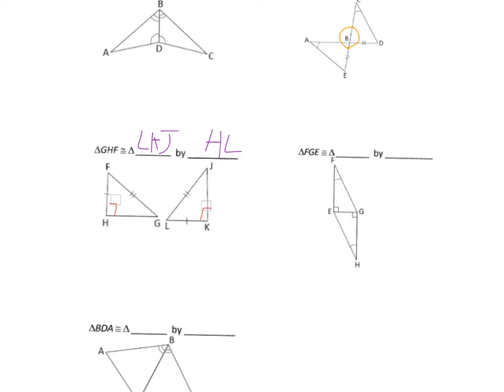What we do have, though, are an angle and a leg, or in this case, a side. So we could say that triangle FGE is congruent to triangle HEG by the angle, side rule. Note, folks, hypotenuse leg can only be used in right triangles, but that doesn't mean that the other ones cannot also be used in right triangles.